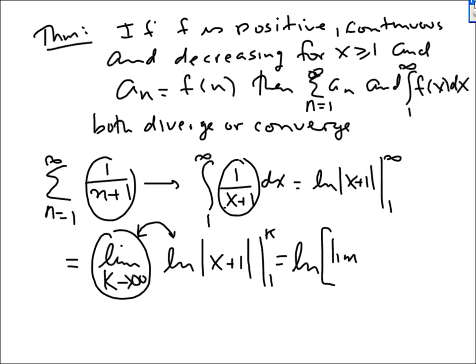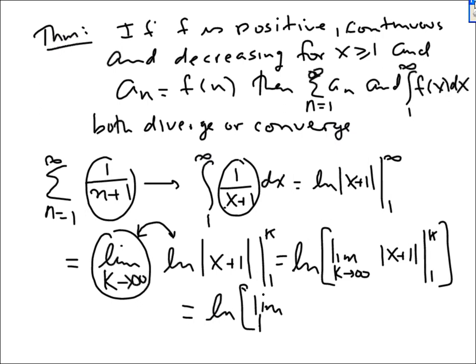So now you have ln of the limit as k goes to infinity of x plus 1 from 1 to k. First we plug in k, we get k plus 1, minus, then we plug 1 in, we get 2.